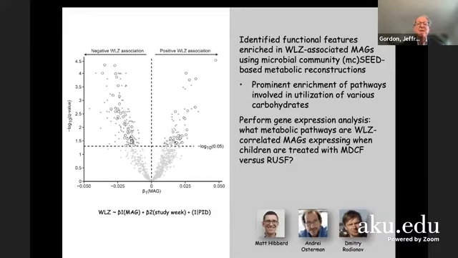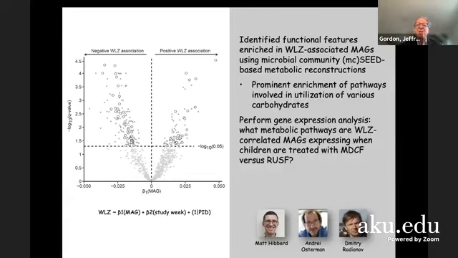The way we do that: for each child, an ensemble of MAGs is identified. For all the children with all of their MAG assemblies, we dereplicate to get these 1,000 MAGs that are shared across the population, and then look for the genes represented in these assembled genomes, annotate these genes to determine or predict their functions, metabolic reconstructions.